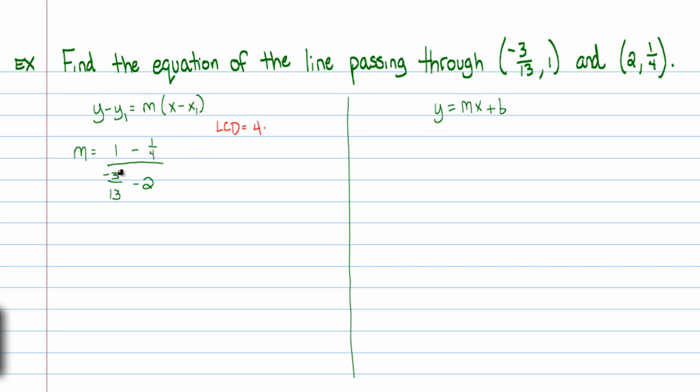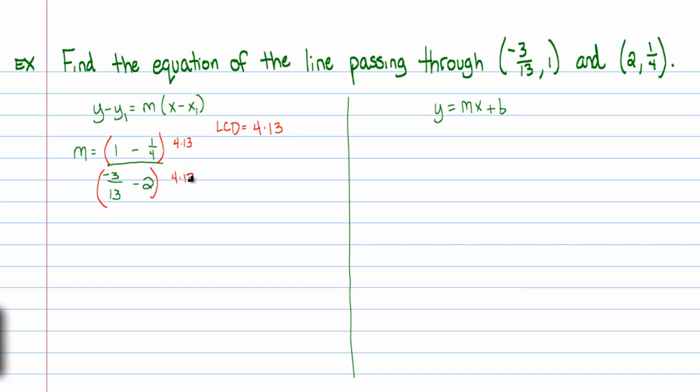I have this ultimate denominator here that has a fraction with a 13 in the denominator. So the LCD amongst both the numerator and the denominator is 4 times 13. That's the common denominator between the numerator and the denominator of the major fraction. So I'll multiply top and bottom by 4 times 13.